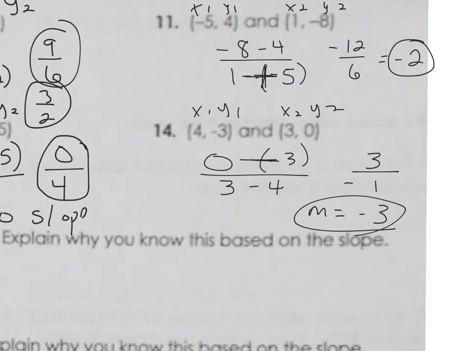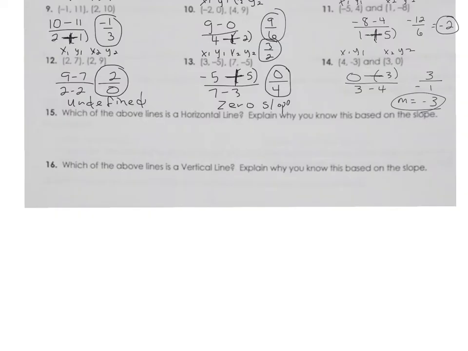Let's take a look at number 15. So for number 15, it's asking which of the above lines is horizontal. Well, a horizontal line is 0 slope. So that would be number 13. And the way that I remember this is if we remember this face.